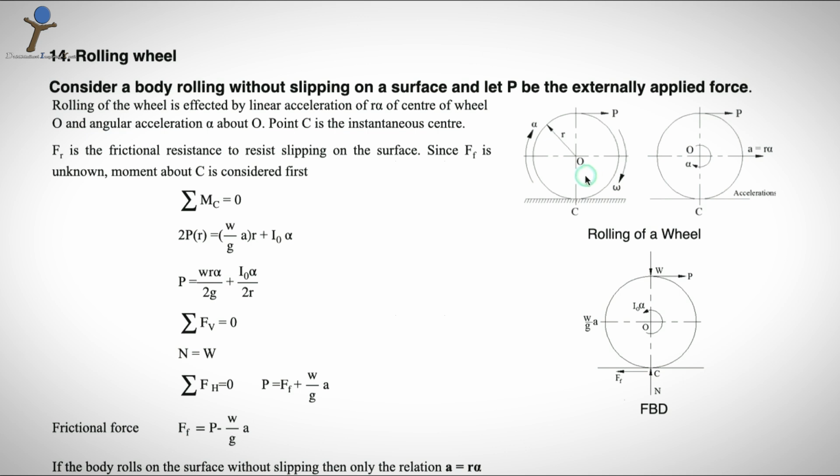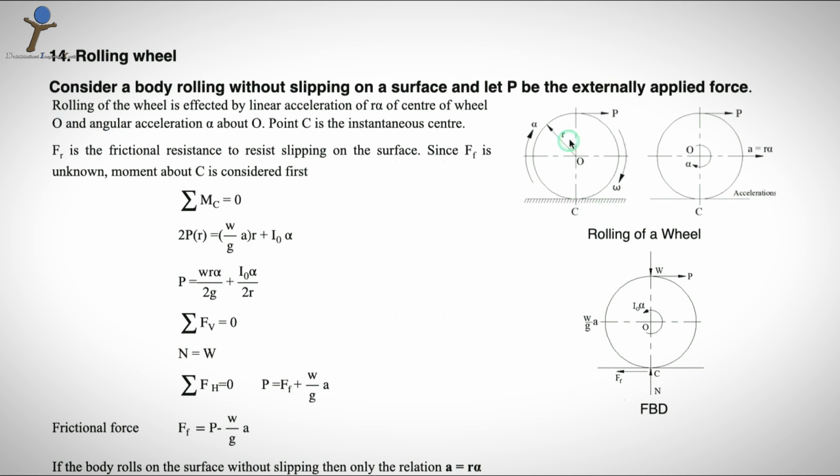Okay, so let us consider this as a rolling wheel with O as the center of rotation, and this wheel is affected by the linear acceleration of the center of the wheel O and the angular acceleration alpha about O. The point P is the instantaneous center of this wheel, which is actually the contact point of the wheel and the surface.